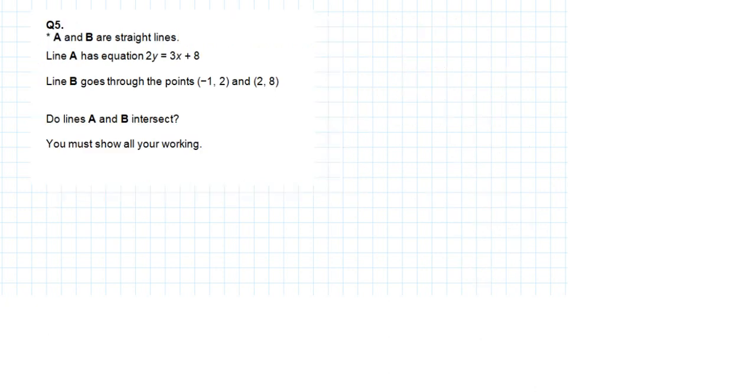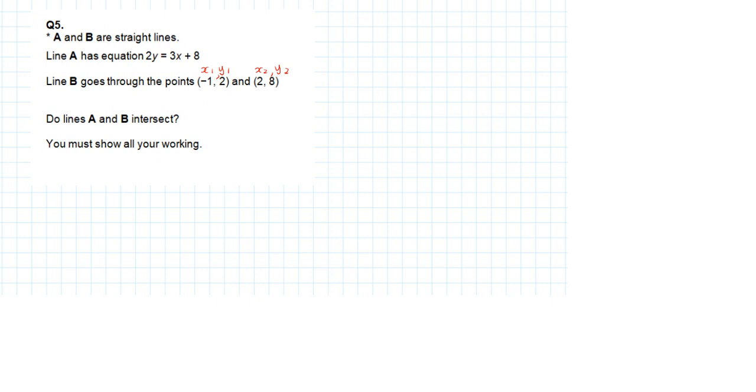Next, A and B are straight lines. Line A has equation 2y is equal to 3x plus 8. Line B goes through these points. Let's call this coordinate x1, y1, and x2, y2. Let's find the equation of this line.